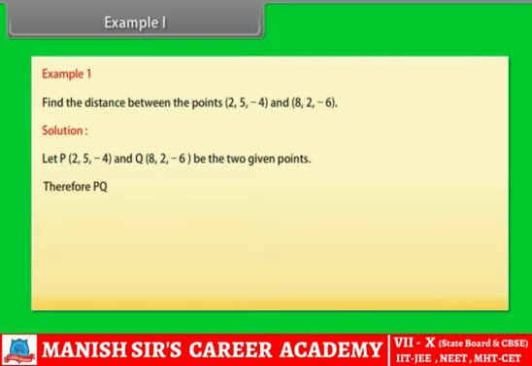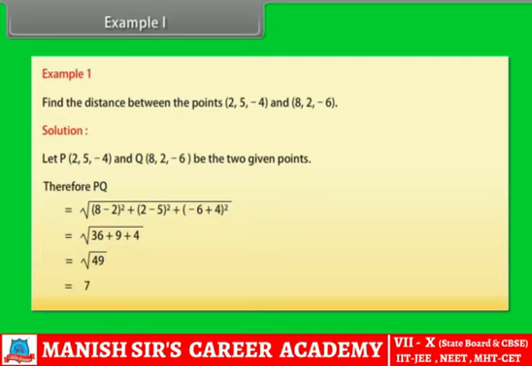Therefore, PQ is equal to square root of (8 minus 2) square plus (2 minus 5) square plus (-6 plus 4) square, which is square root of 36 plus 9 plus 4, which is square root of 49, which is 7.